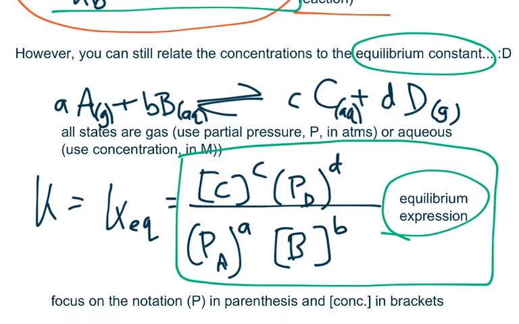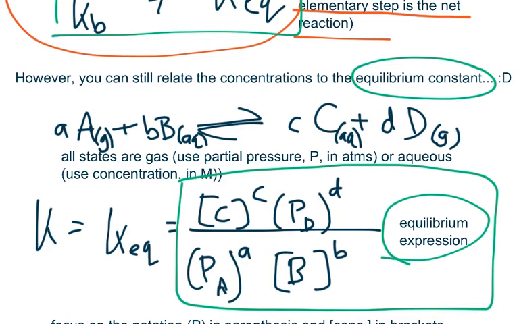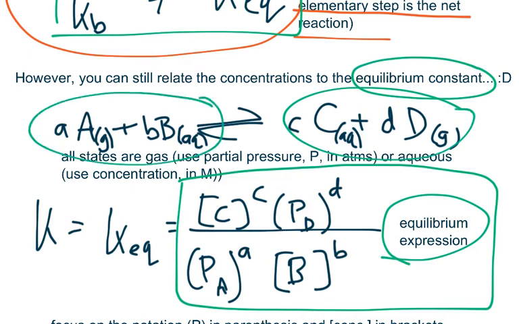So, what's cool is that you can very easily write the equilibrium constant by putting the products over reactants with their respective coefficients as the powers. Note that in your equilibrium expression, you should have gases and aqueous solutions only.